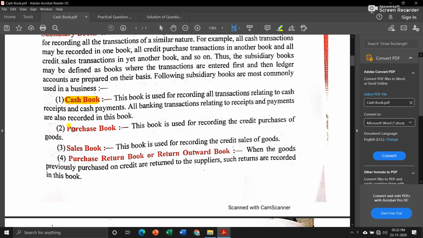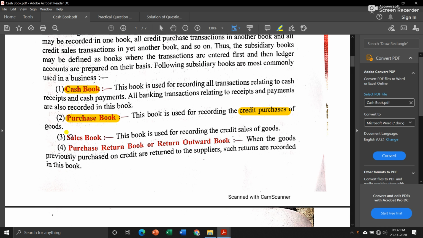First is purchase book. Credit purchases of goods will be recorded in purchase book. Then in sales book, we will record all the credit sales of goods.